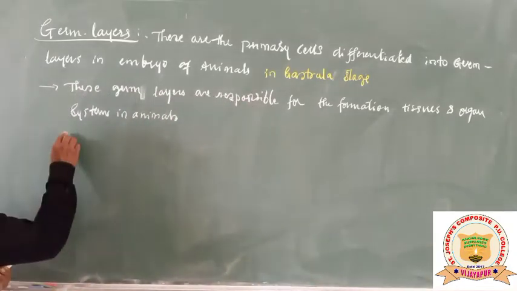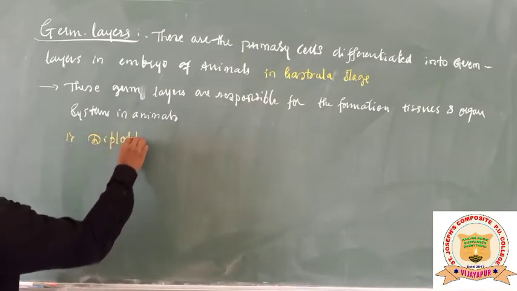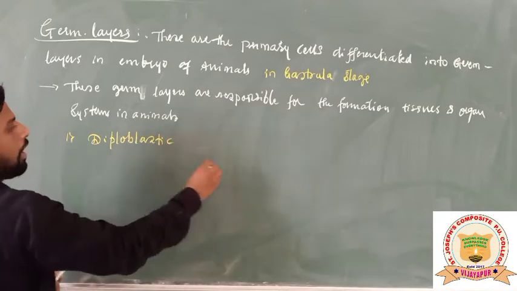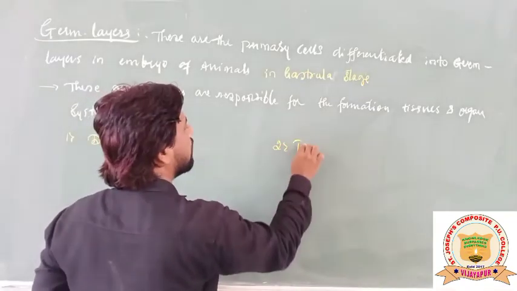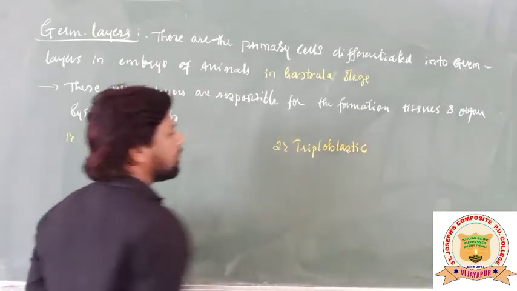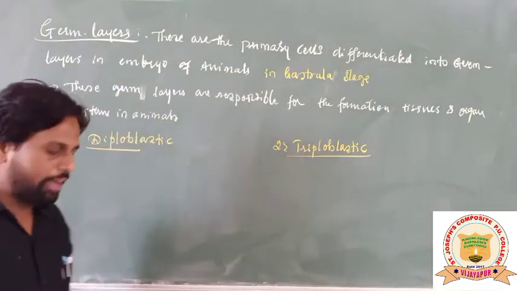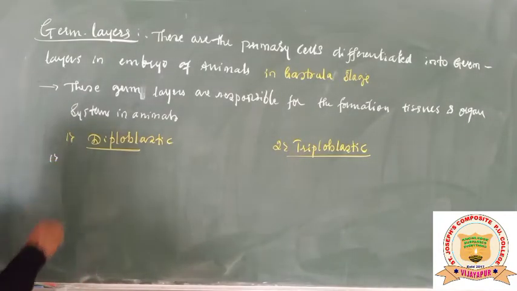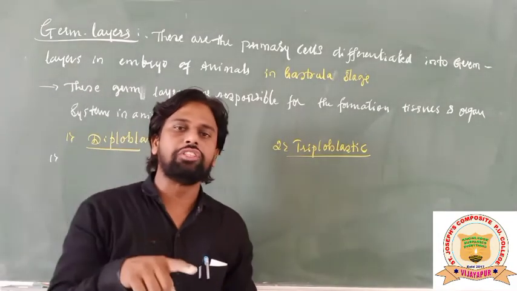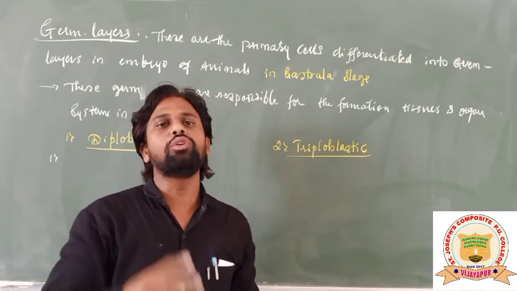The first one is called what here? Diploblastic, and the second one is Triploblastic. So what exactly is the meaning of diploblastic and triploblastic, students? Mainly, the animals in which the primary cells are surrounded into two germ layers.